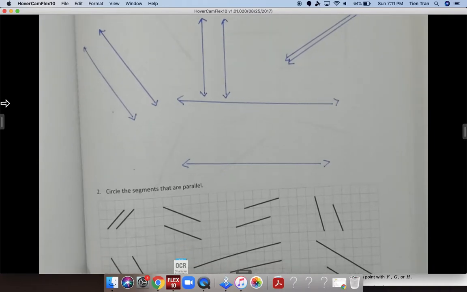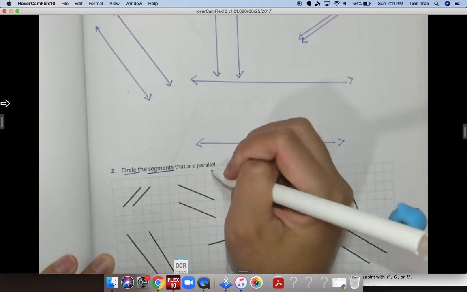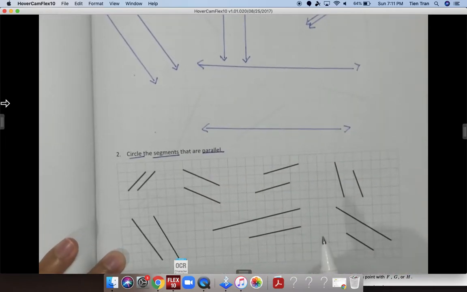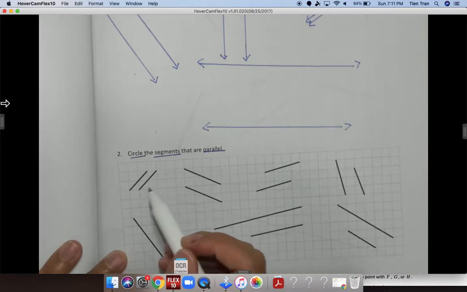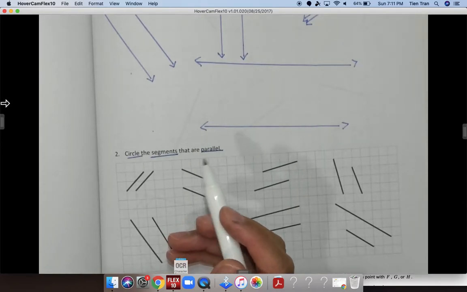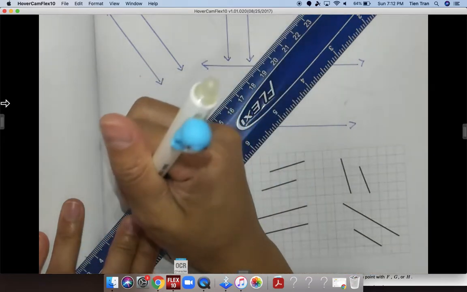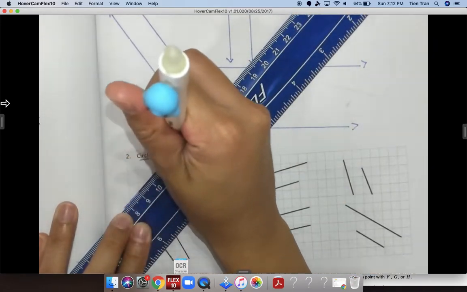For problem number 2, it says here, circle the segments that are parallel. So now I'm going to look at them and figure out which lines are parallel. Looking here, these lines look parallel. And you can tell by getting your ruler or your straight edge and extending that line to see if they actually meet at any point.